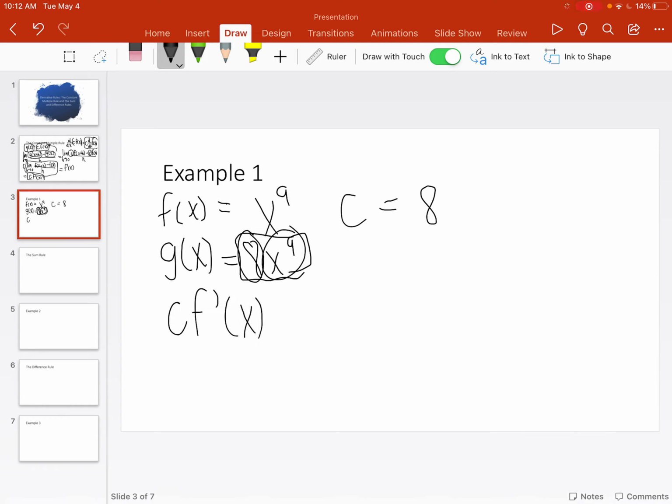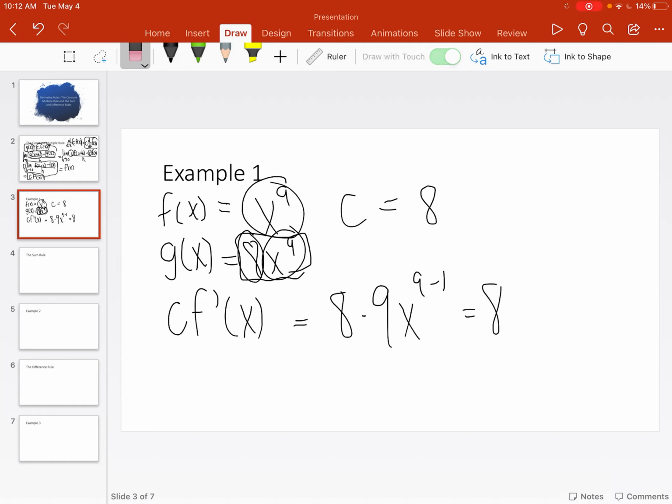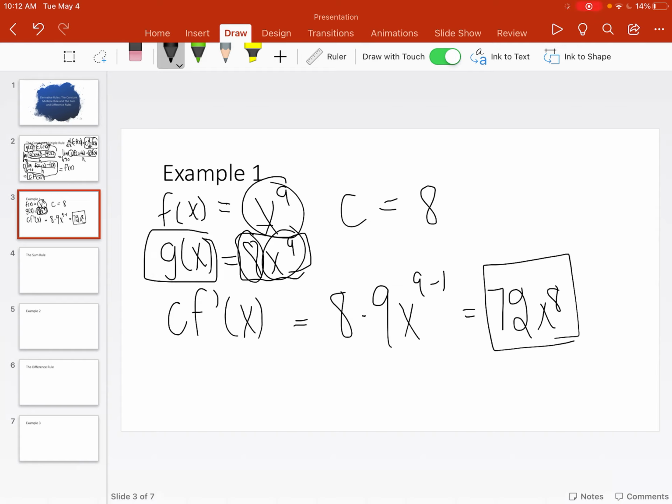So we get c times f prime of x, which is equal to 8 times the derivative of x to the 9. Bring down the 9, and we get 9 minus 1. This is 72x to the 8. That's our answer. What you see here is that the constant multiple rule is really simple, and you don't always have to write it down like g of x is equal to these two things.